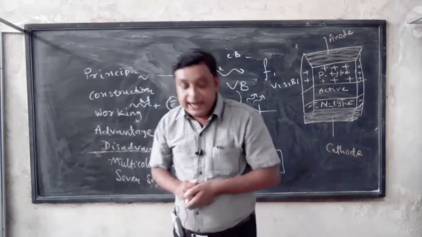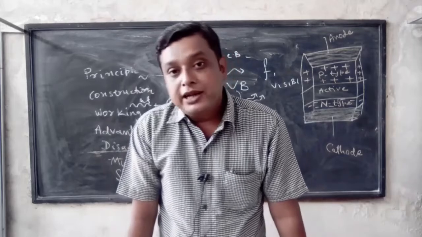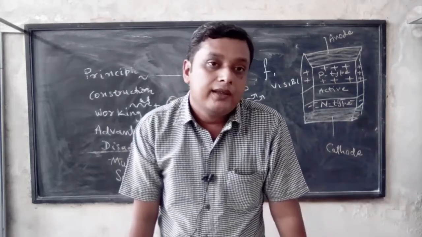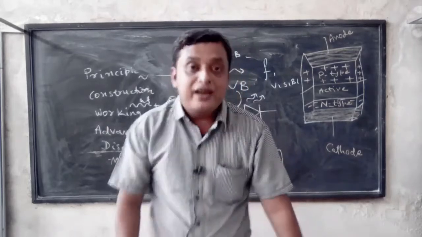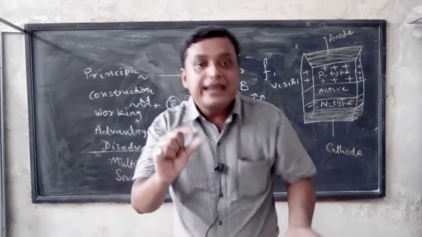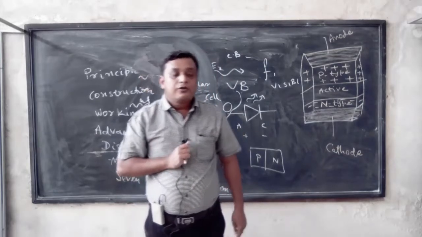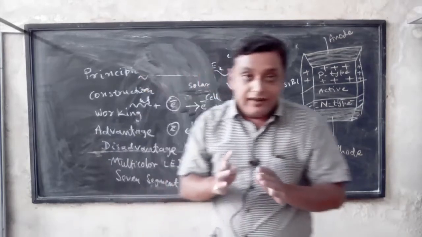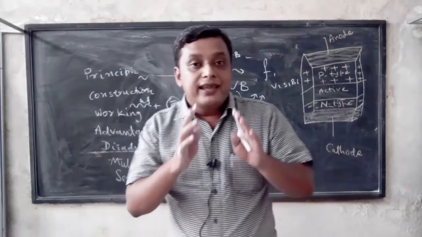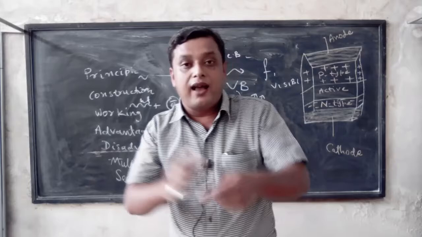In a depletion barrier, nothing will be majority charge carrier, nothing will be minority charge carrier, because the number of electrons and the number of holes inside the depletion barrier will be equal. So the depletion barrier is never allowed to participate in a process of conduction.